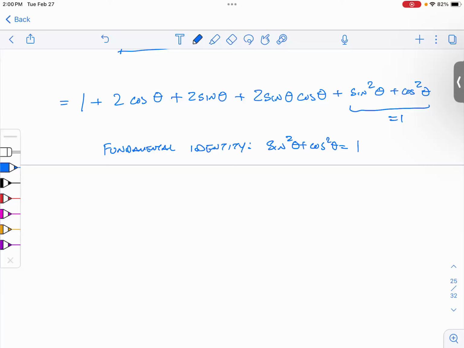So if that thing equals 1, now look, I have 2. Ah, so that's nice. One last step before we move on. Anything jump out? Pull a 2 out. Yeah.